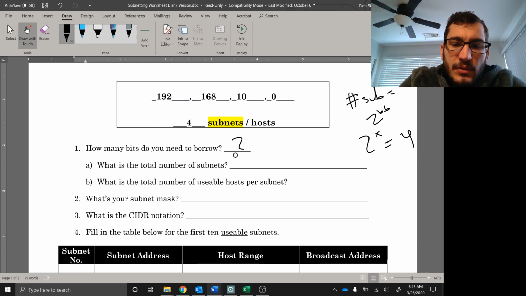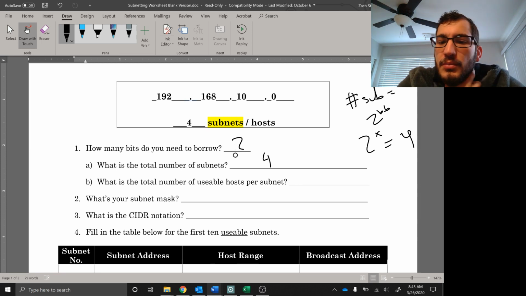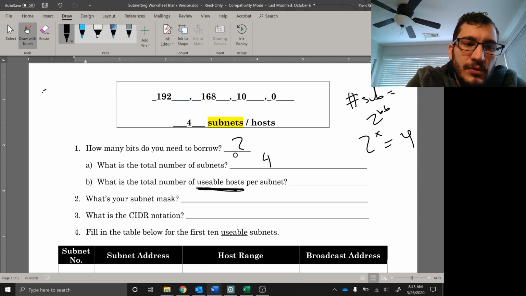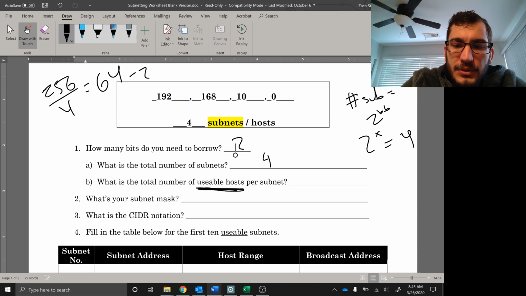Because I've already given you the subnet here, you can just put 4. What's the total number of usable hosts per subnet? So this is tricky. Usable hosts, that's not IP addresses. So what we do, remember, is we do 256 divided by 4 equals 64. Then we have to subtract 2, which gives us 62.